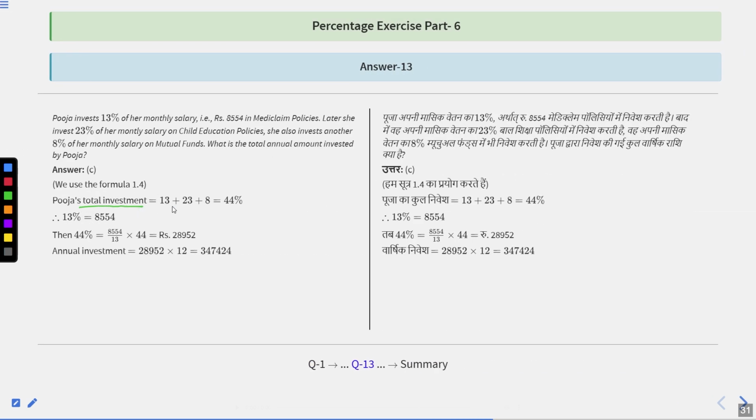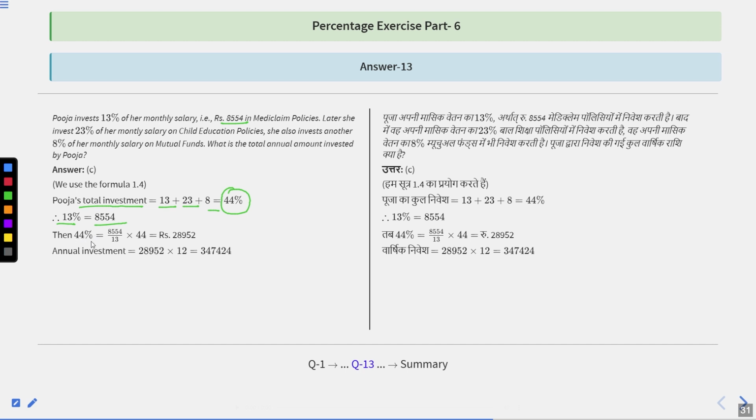Pooja's total investment will be 13, 23 and 8, which is 44%. Clear? And it is given that she invests 8,554. So 13% is equal to 8,554.